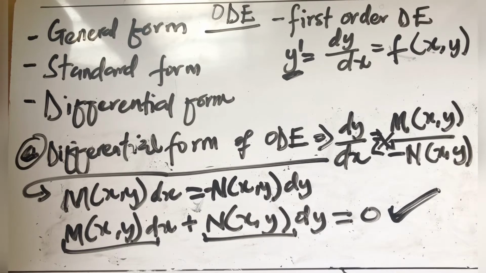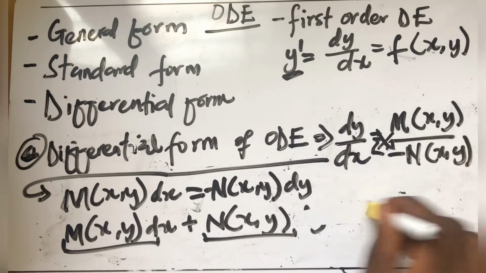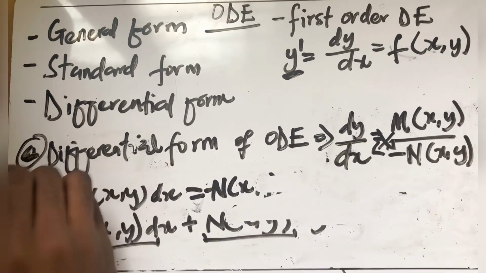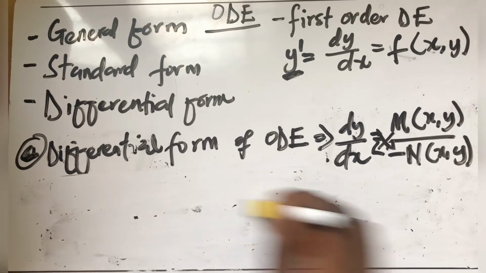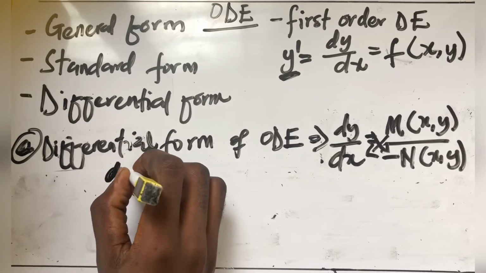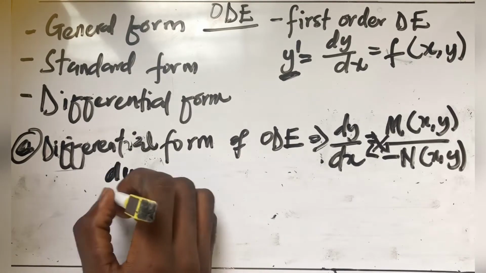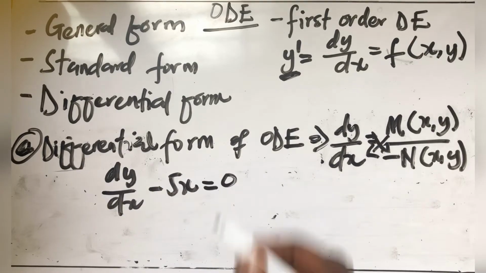Note this is the format. You write it in a general form, but you group them in terms of their y's and then x's. So let's write an example so that you get to understand it better. Let's say we have a certain differential equation in its general form: dy dx minus 5x equals 0.